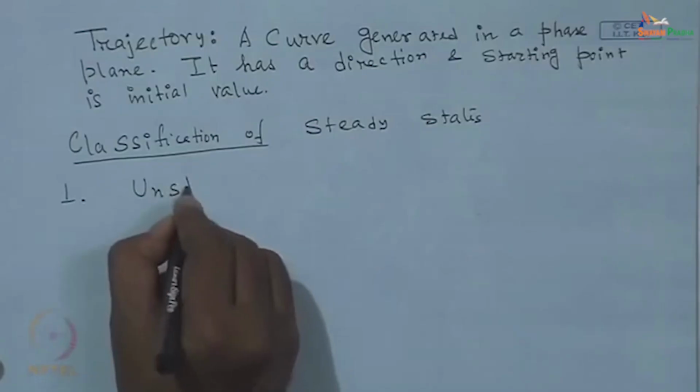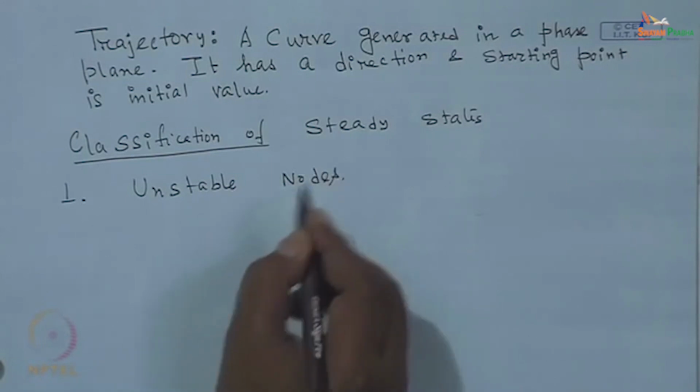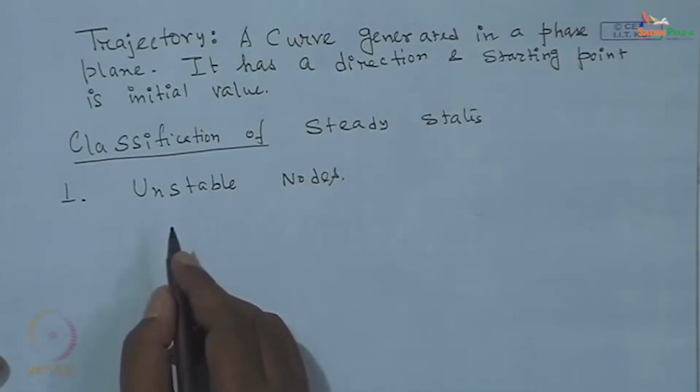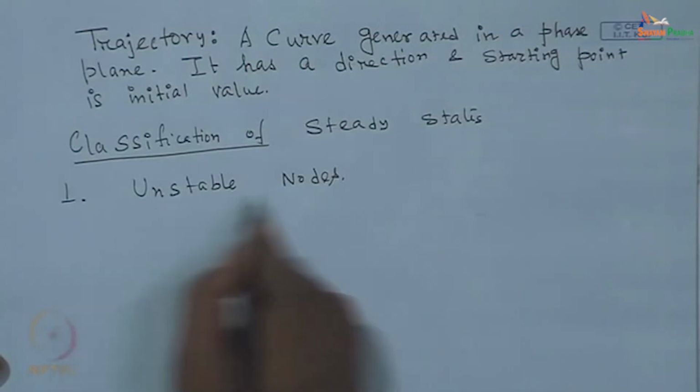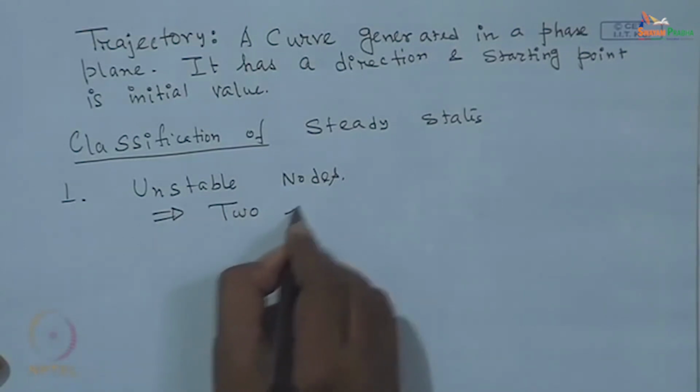So, let us classify the steady states. The first classification is the unstable node. Unstable nodes occur when two eigenvalues are positive.